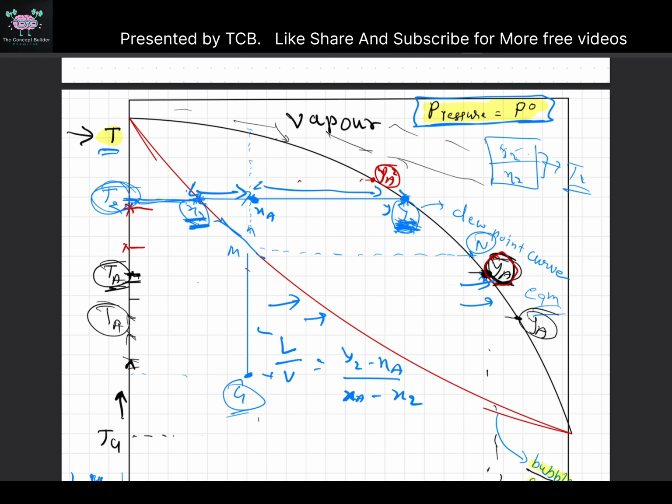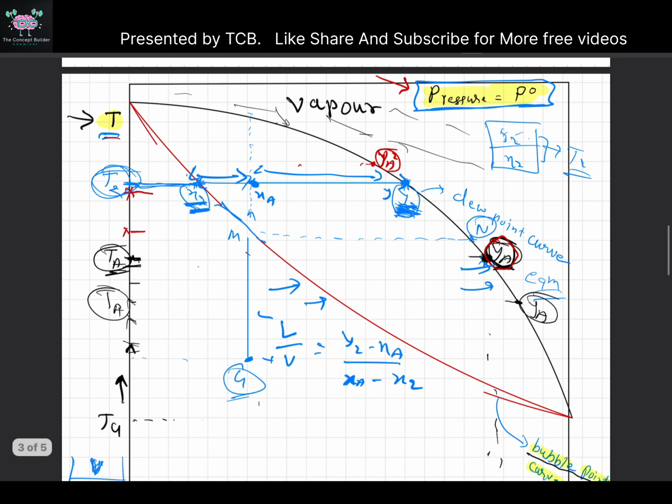If you don't know about degrees of freedom, we'll talk about it in another video. So remember it should be plotted at constant pressure, and T is the temperature of your mixture. X or Y are the equilibrium mole fractions of your more volatile component. That's it.